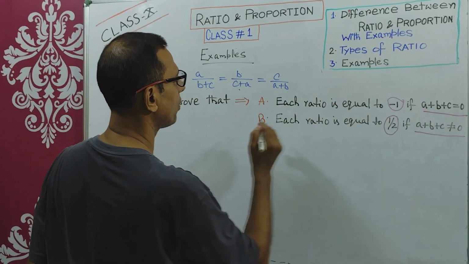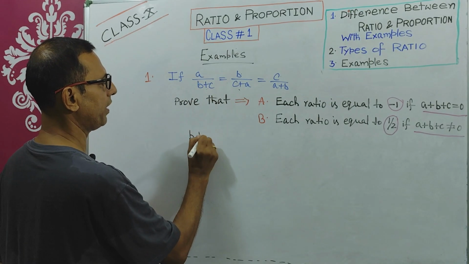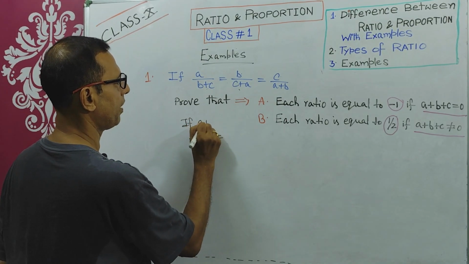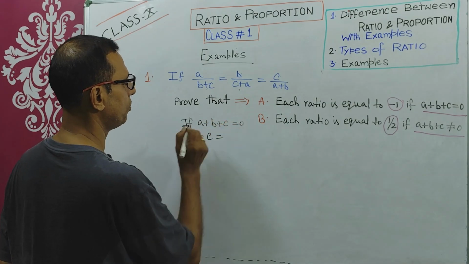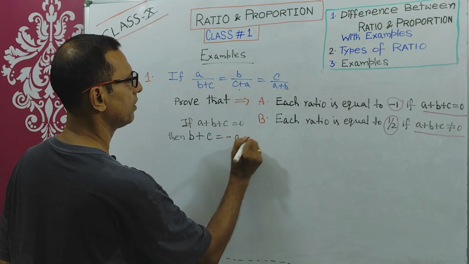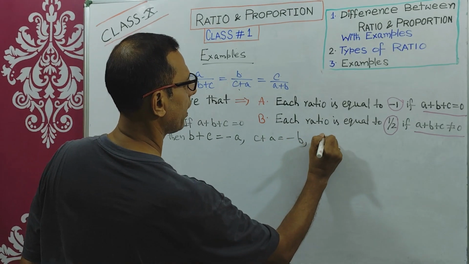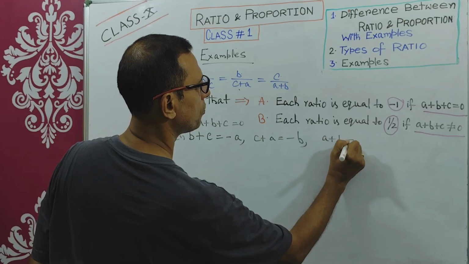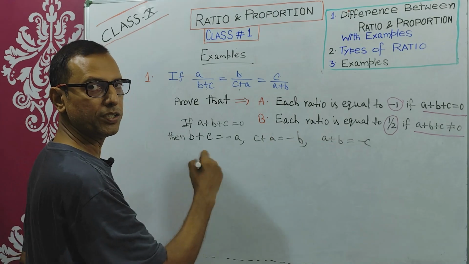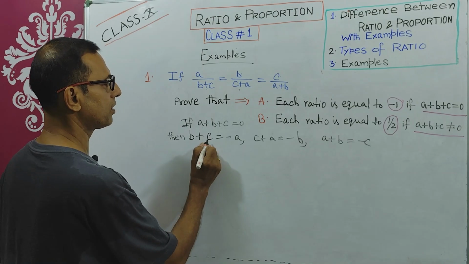If a plus b plus c equals 0, then you can find the denominators: b plus c equals minus a, c plus a equals minus b, and a plus b equals minus c. Just here, in a plus b, c is going to that side, minus c. Changing the side of the equation means changing the sign of that item.